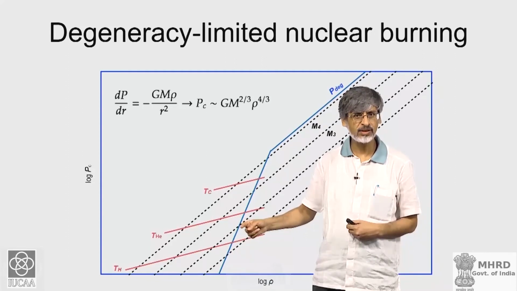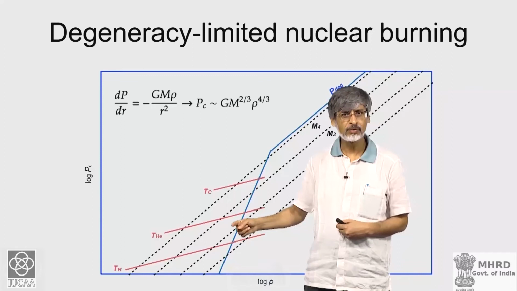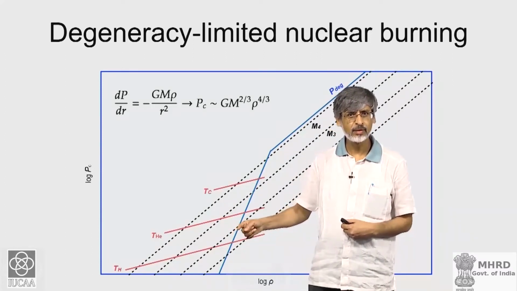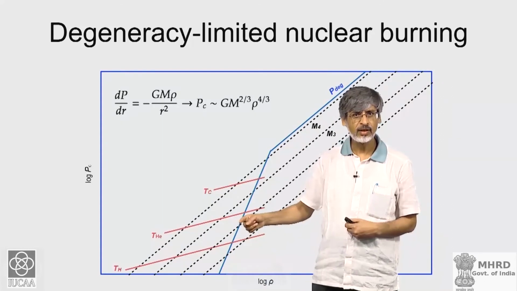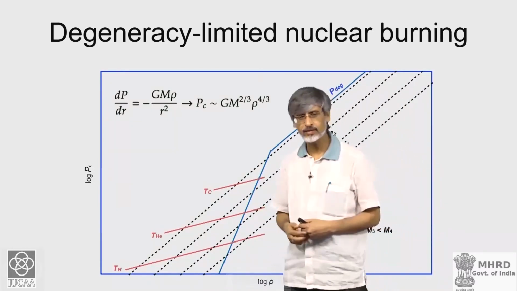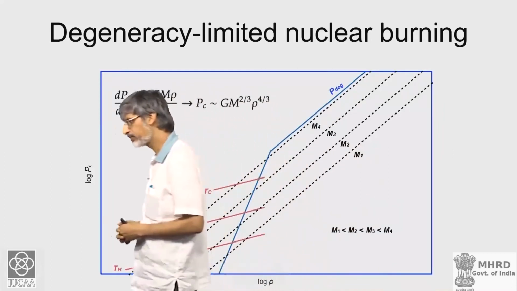So, once it does so, it then finds a lasting peace over there without any further contraction. So, therefore, this star will undergo hydrogen burning, but it would not proceed as far as this to ignite helium in its center.